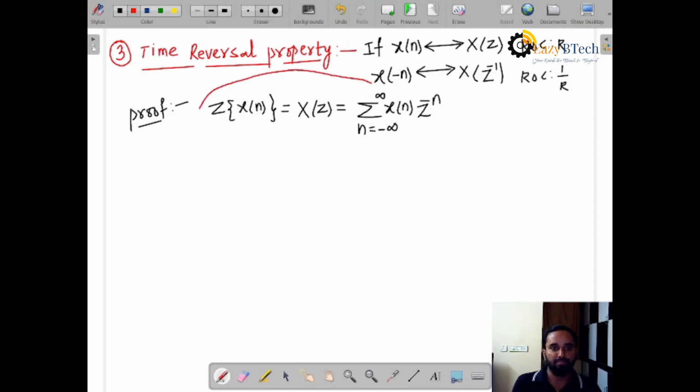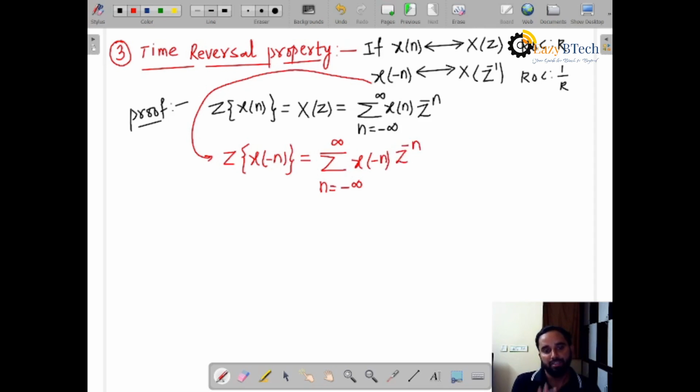So the z transform of x of minus n is equal to summation n is minus infinity to plus infinity x of minus n z power minus n.